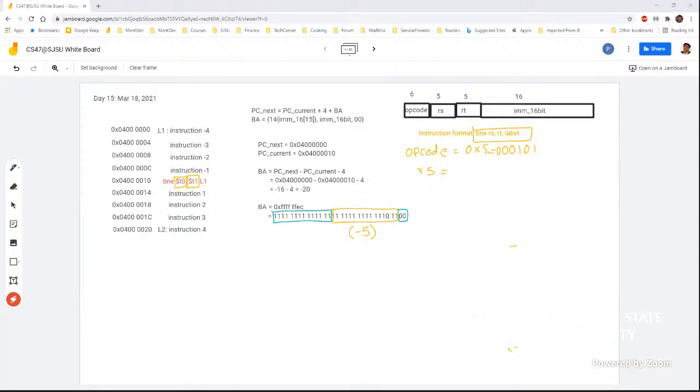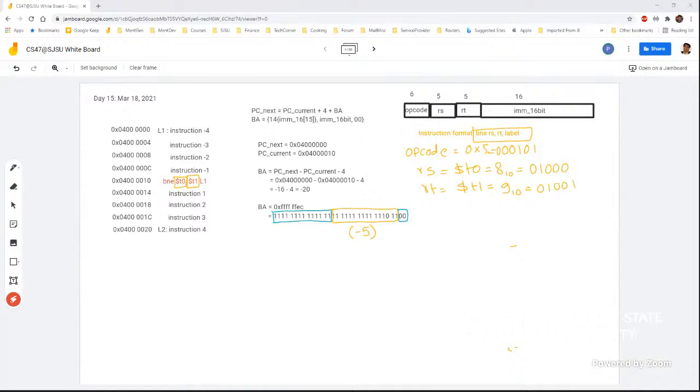RS equals $T0. There is a table in that green sheet page that maps register names to numbers. T0 is register 8, which in 5-bit is 0, 1, 0, 0, 0. RT is my T1, which is 9 from that table, which is 0, 1, 0, 0, 1.